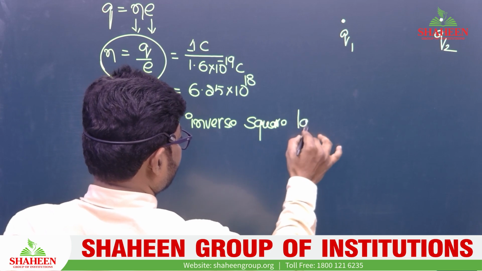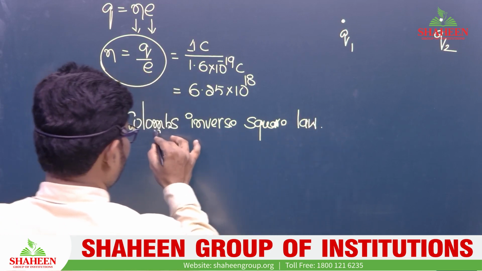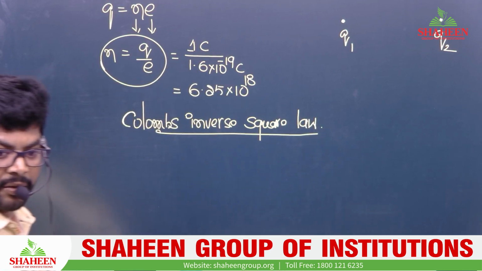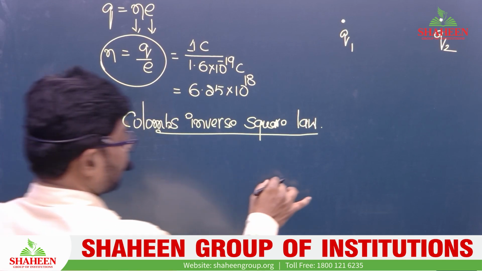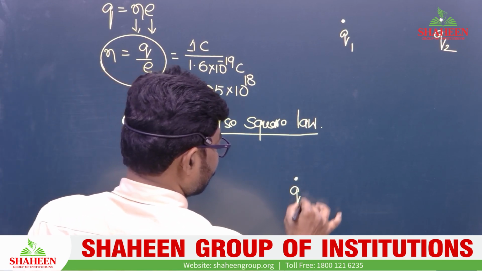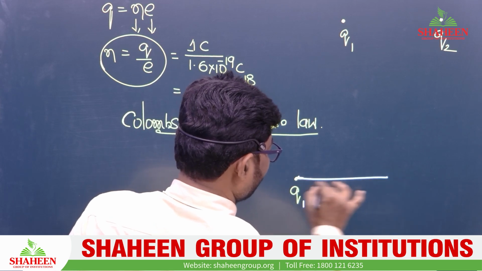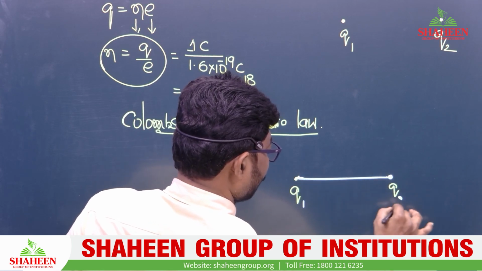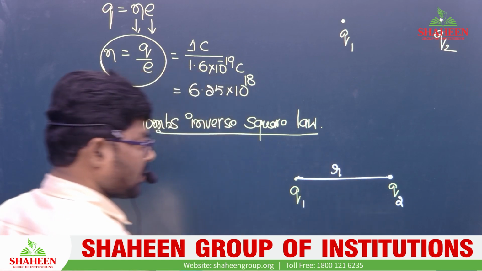What is Coulomb's inverse square law? There are two charges Q1 and Q2 separated by a small distance r.